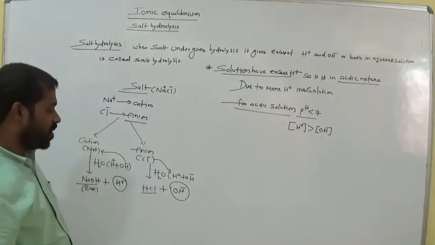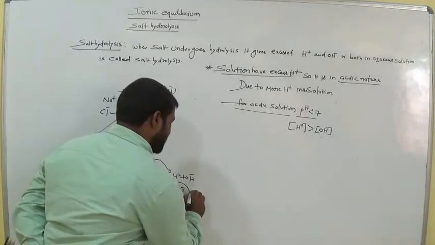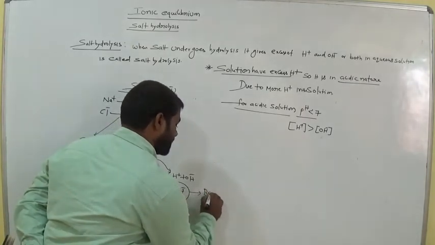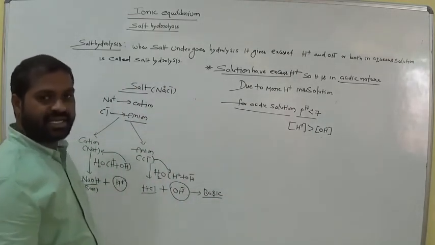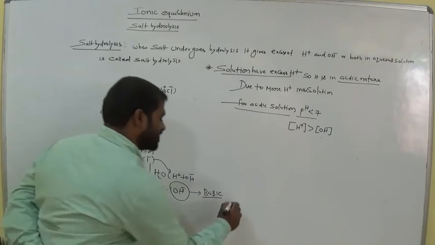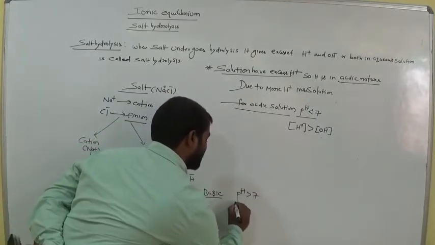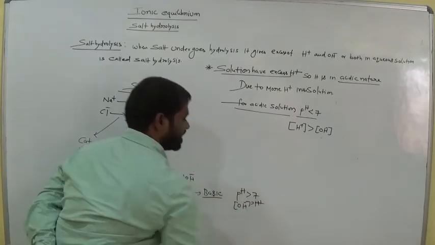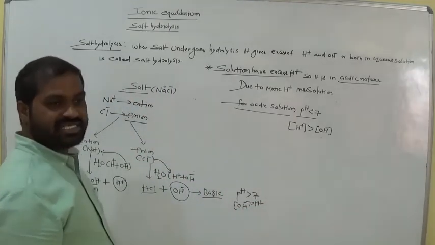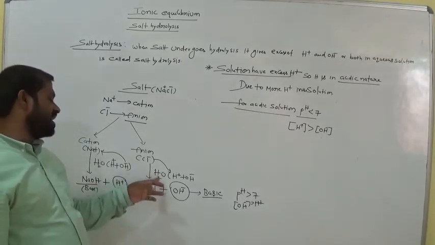More OH minus means the solution is basic in nature. So what is the expected pH for a base? pH is greater than 7. That means the OH minus ion concentration is greater than H plus. So now the anion undergoes hydrolysis.